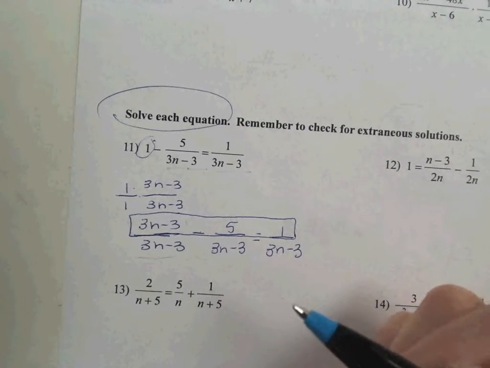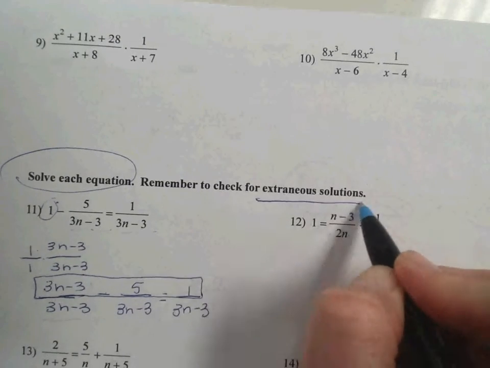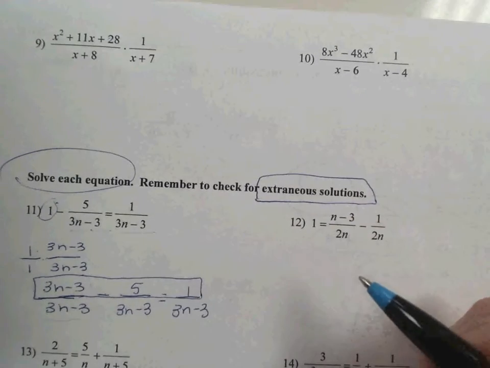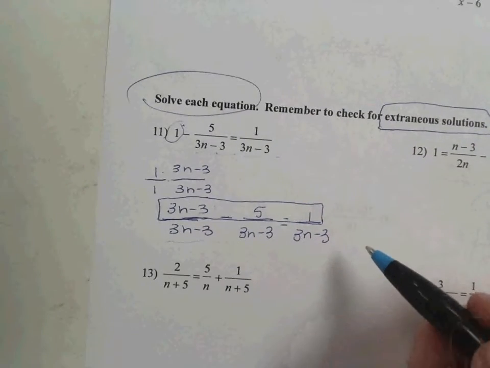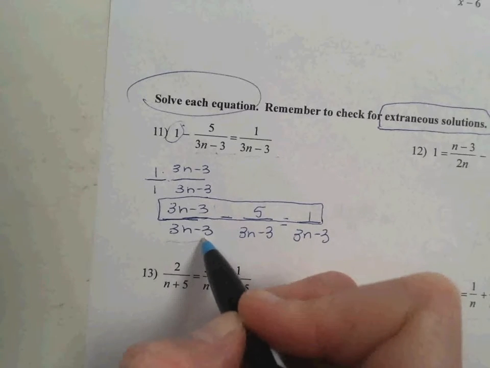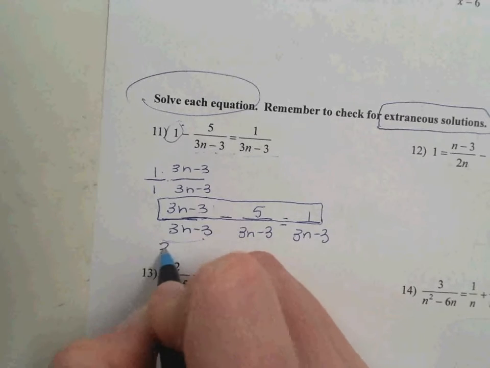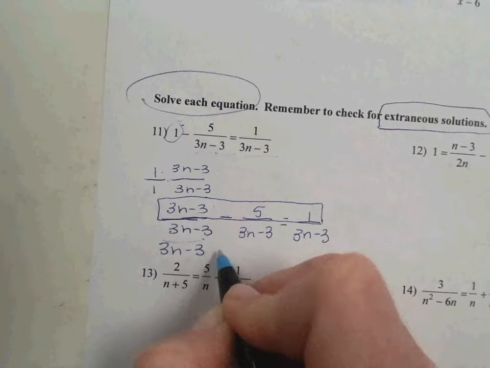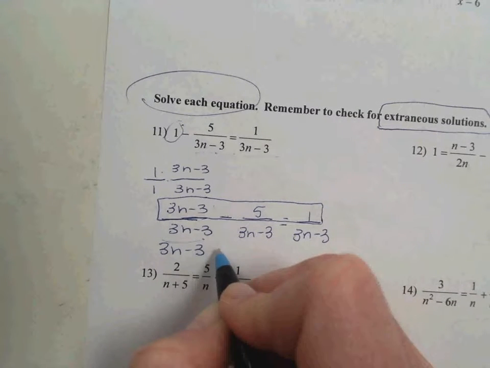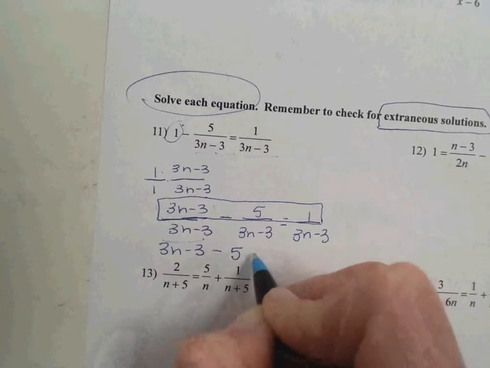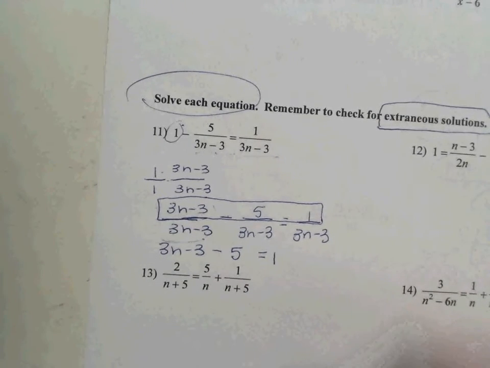We will need to come back to those denominators for extraneous solutions, things that look like they should be solutions, but would make the denominator 0. Okay, so we'll come back to those, but we're going to focus in on 3n minus 3 and just make this into a basic algebraic expression.